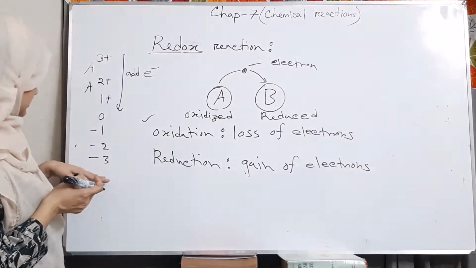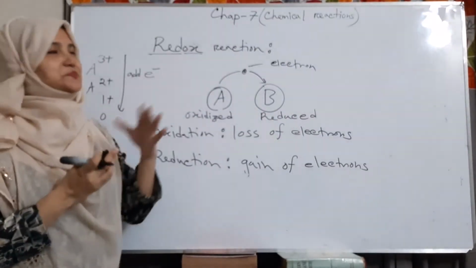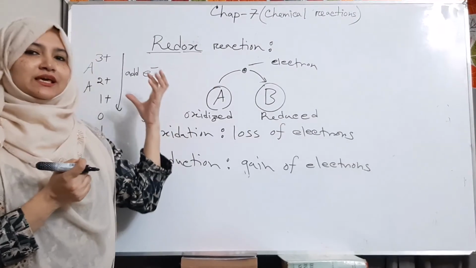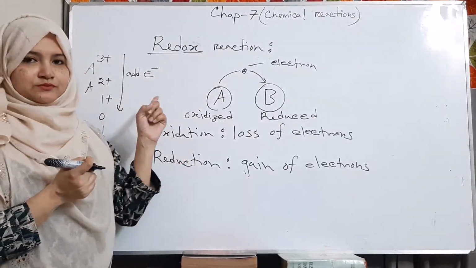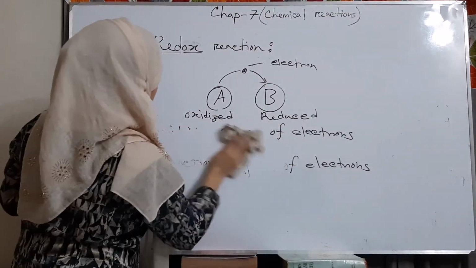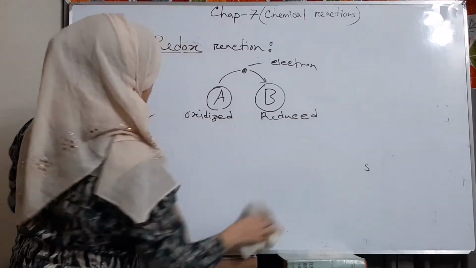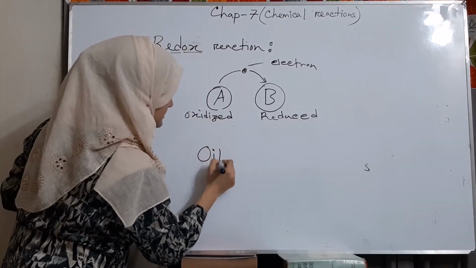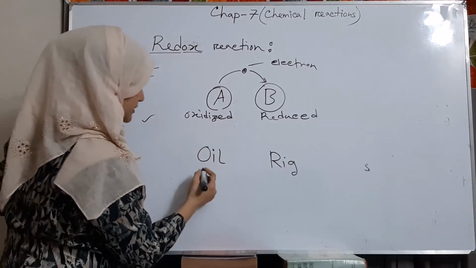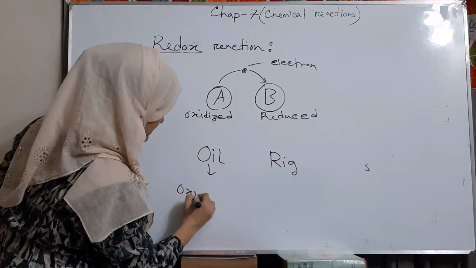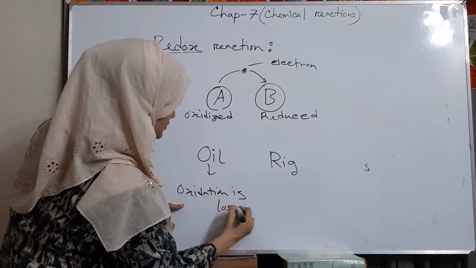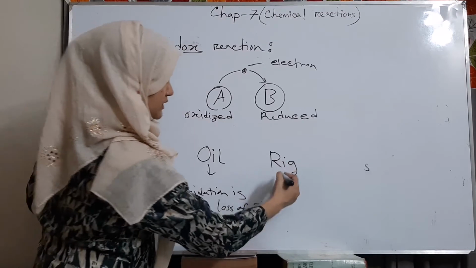I think oxidation and reduction can still be confusing to remember, so for that I will give you a trick. It is two terms: OIL and RIG. OIL means oxidation is loss of electrons.